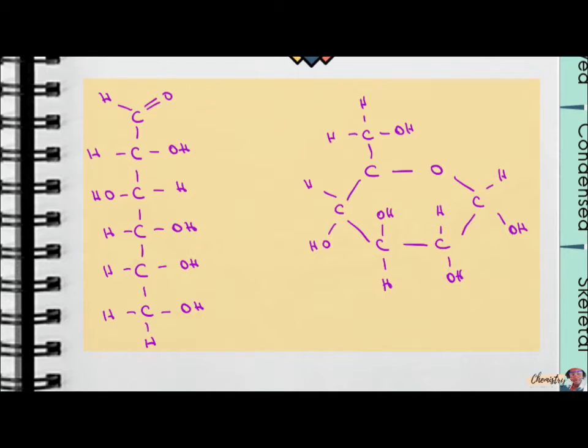Glucose can exist as a ring structure. Now, simply writing the molecular formula would not indicate that at all. When you write C6H12O6, it could be in one of many different orientations. So once again, the displayed formula is important because it shows exactly how these atoms are bonded to each other.